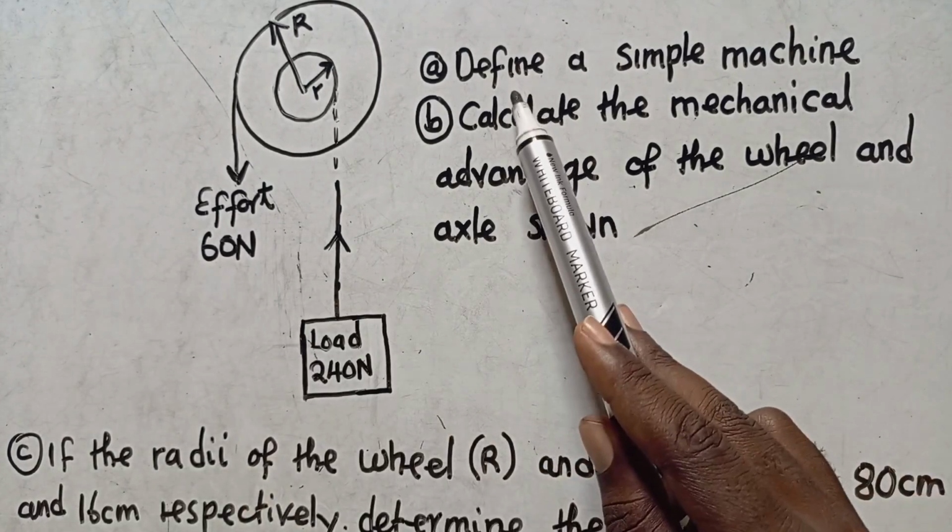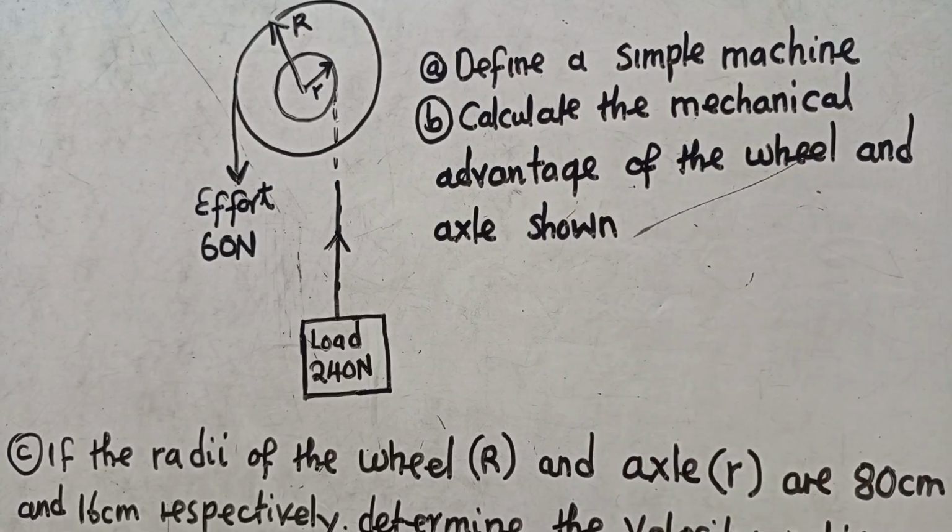The first question is saying, define a simple machine. I guess no one can fail to answer this particular question. A simple machine is a device that is used to overcome a huge load by using a small amount of effort.